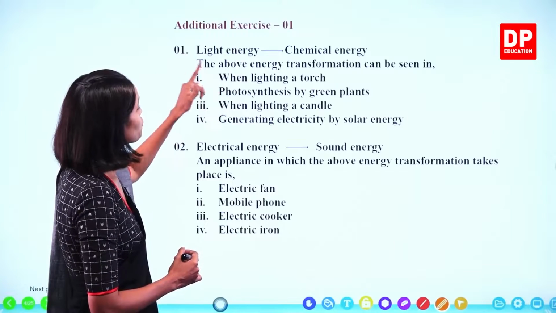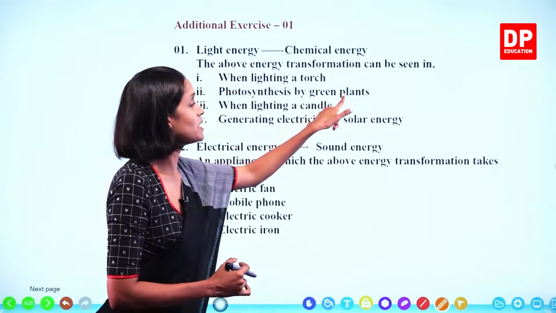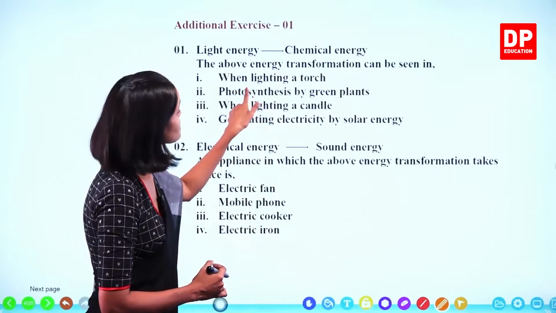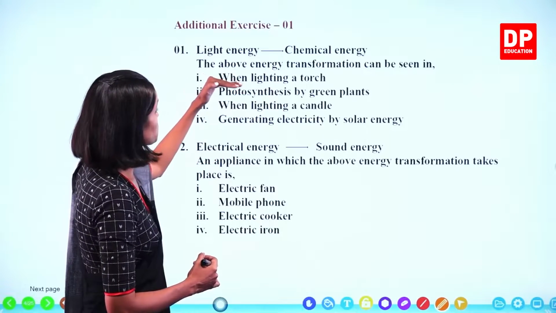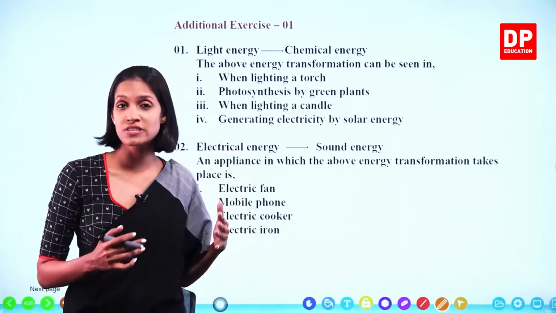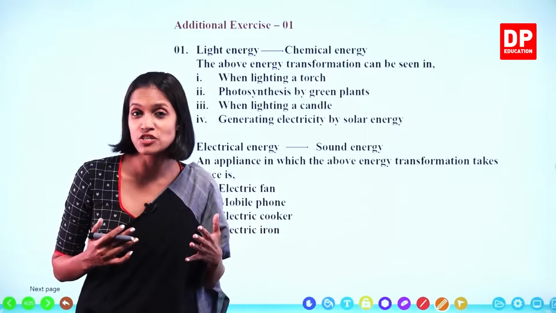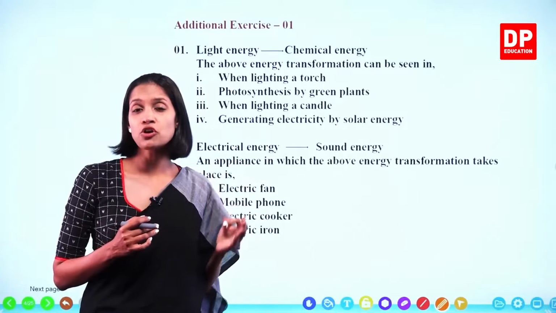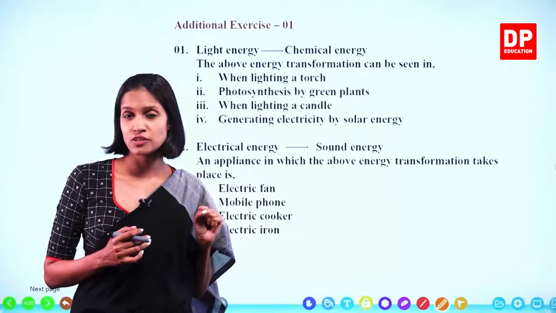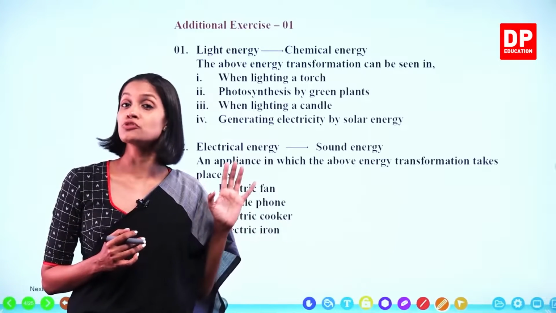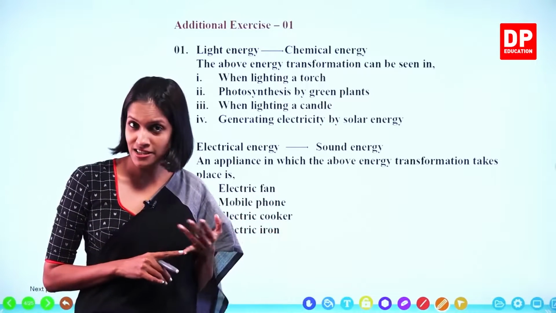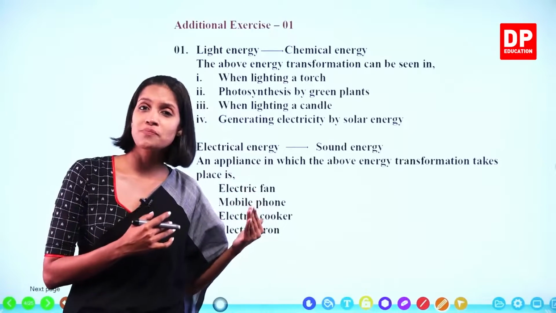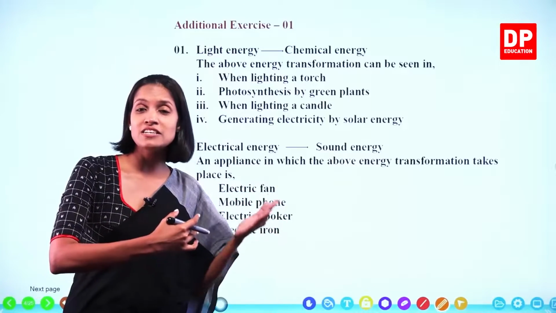Number 2, photosynthesis by green plants. Isn't this correct, children? We'll just consider photosynthesis. You all know for the photosynthesis process, energy is provided by the sun, which means an essential factor of photosynthesis is sunlight. Without sunlight, photosynthesis would not take place. Right, children? Therefore, so what happens? Light energy is converted.